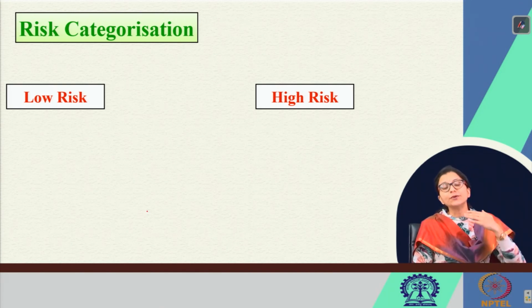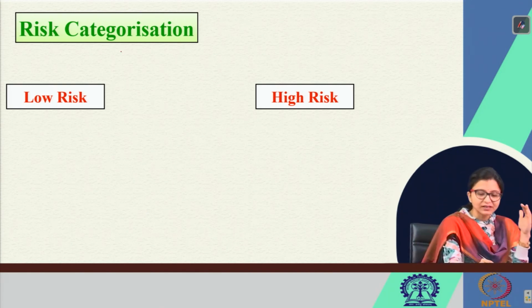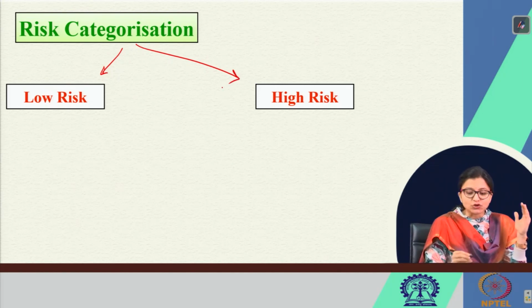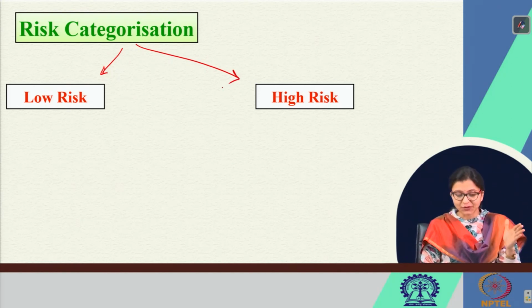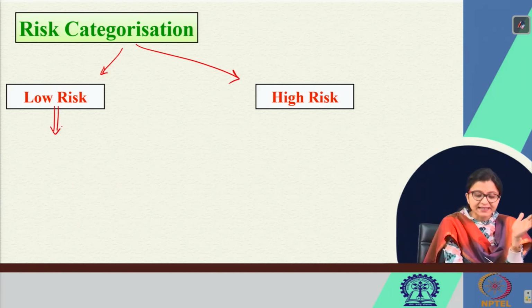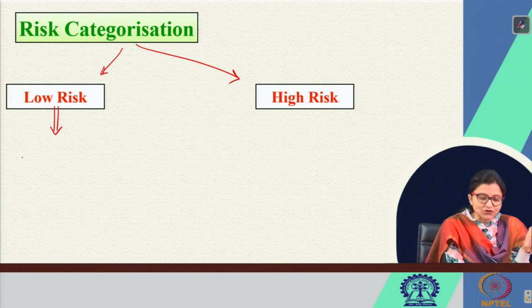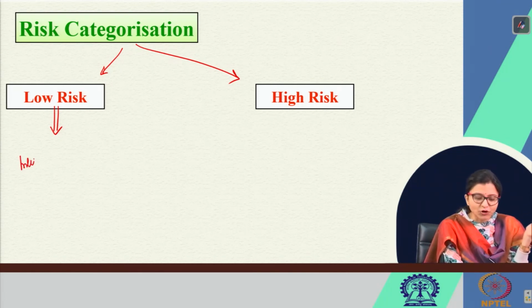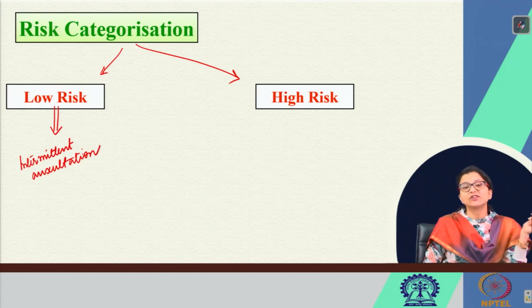Now, how to categorize? Categorize the mother into low risk and high risk, right. In case of low risk, I have told that CTG is not required. Here we go for intermittent auscultation. Now, what is this intermittent auscultation?